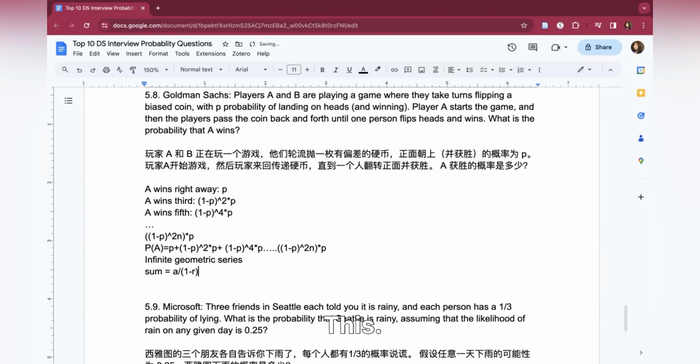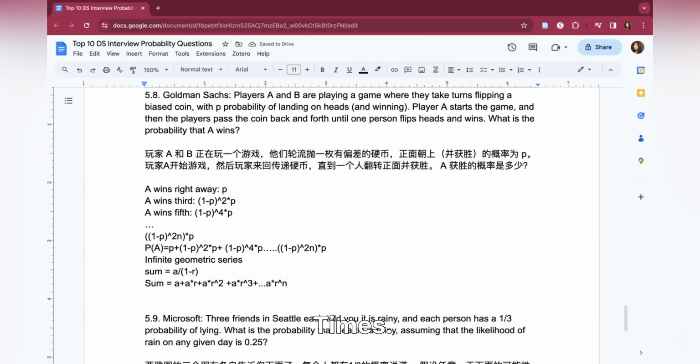This formula depicts the sum is equal to a plus a times r plus a times r squared plus a times r cubed, and so on, till a times r to the n, where n starts from 0 to infinity. Here it is the same.